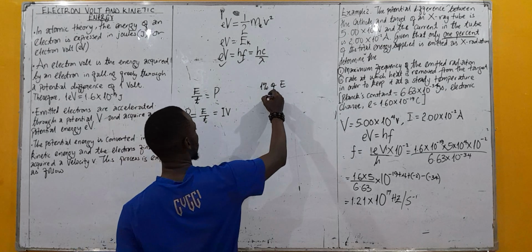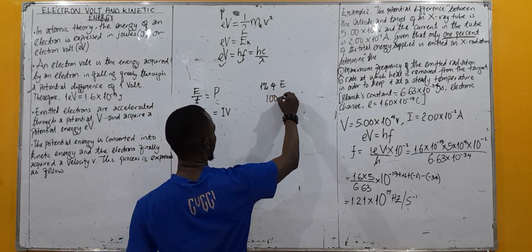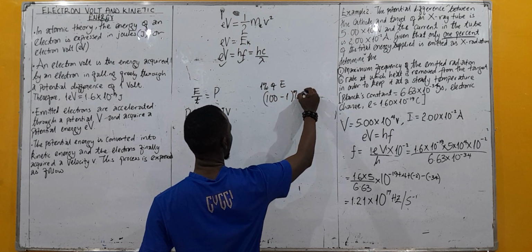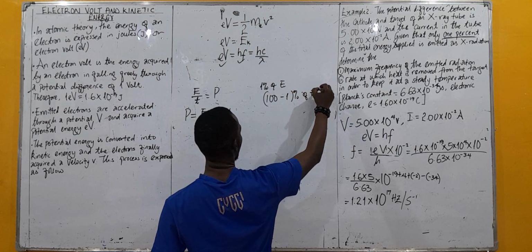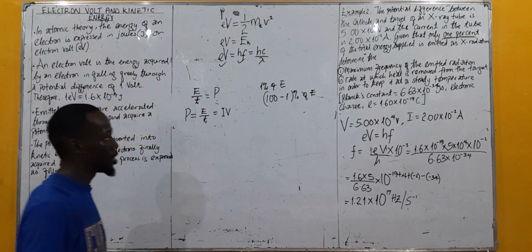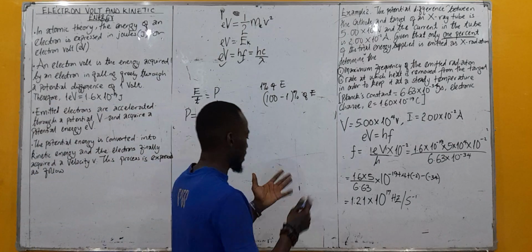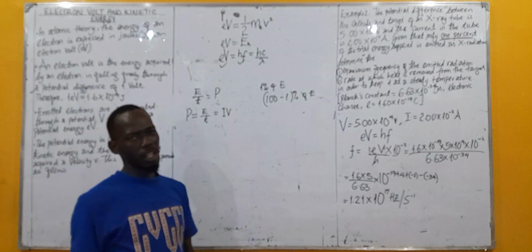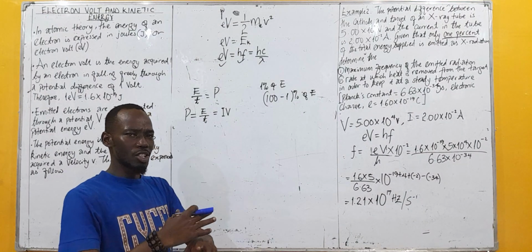So it's now 100 minus 1 percent of the energy. If I say 20%, what is the remaining? Simple, 80, because the sum of all percentages is 100.